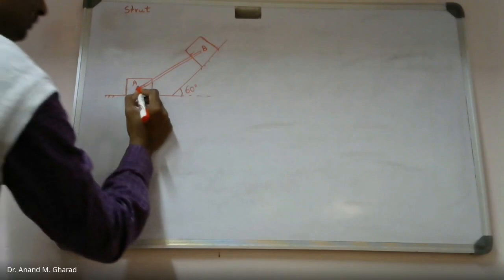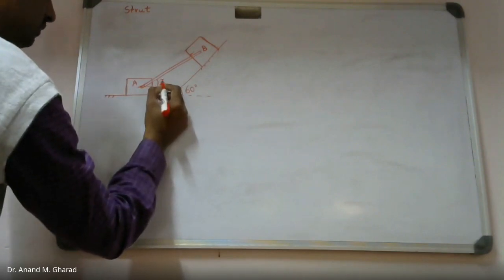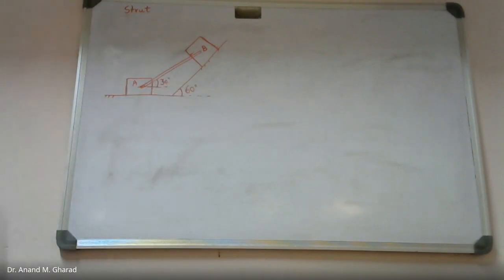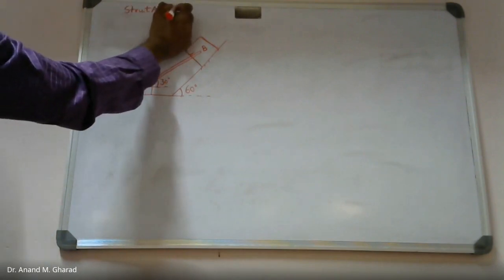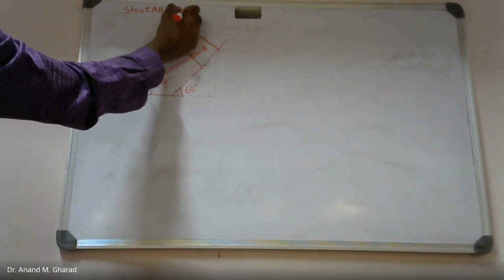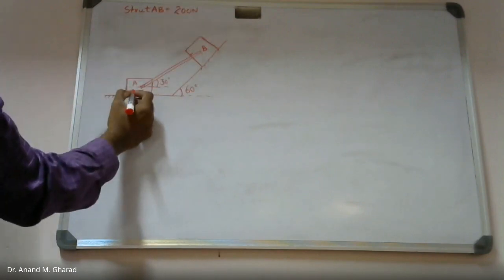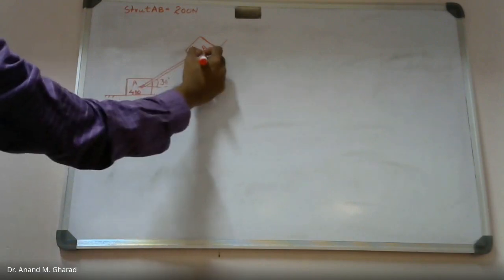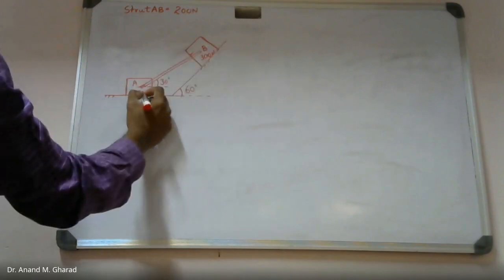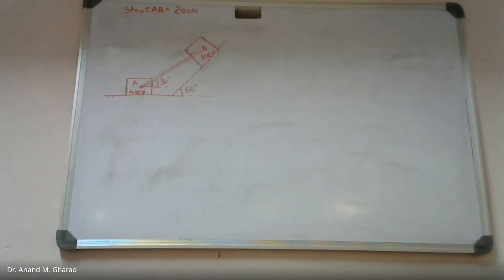This inclination of the strut with respect to horizontal is given as 30 degree. Now here, block A weighs 400 Newton. Block B weighs 300 Newton. And the weight of strut AB is given as 200 Newton.